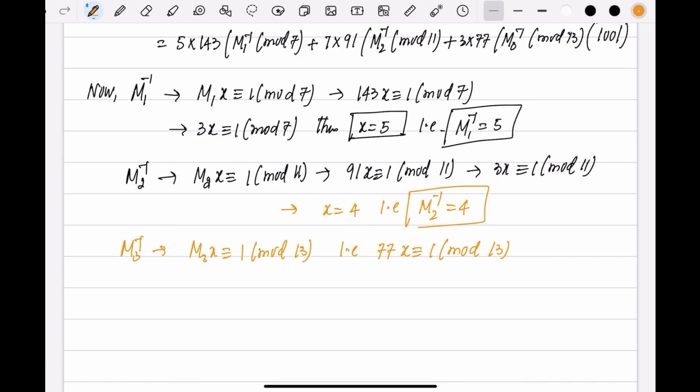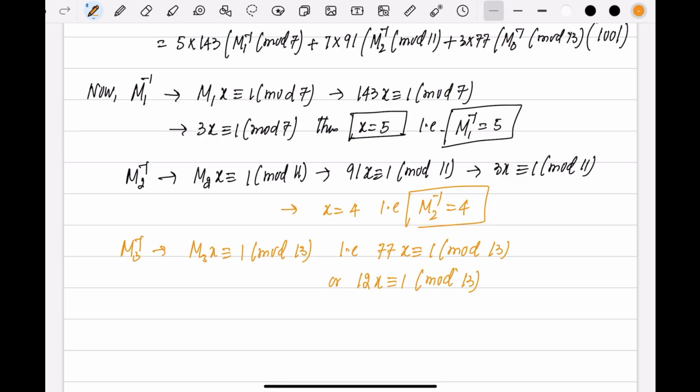Now dividing 77 by 13: 13 into 5 is 65, so the remainder is 12, and this becomes 12x congruent to 1 modulo 13.